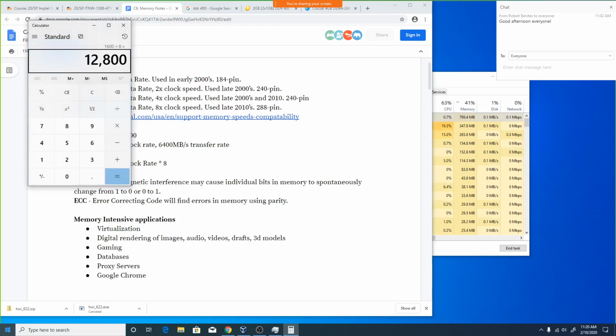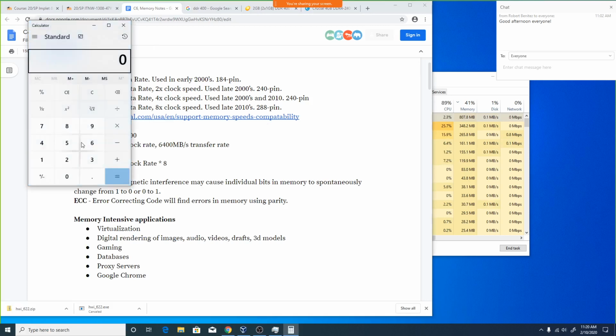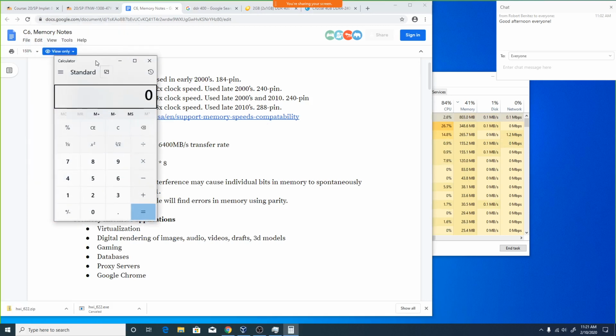12,000 megabytes per second, or 12.8 gigabytes per second, right? If you look at modern memory, 2400 is the low end. You'll find a lot of 2400 in your laptops.